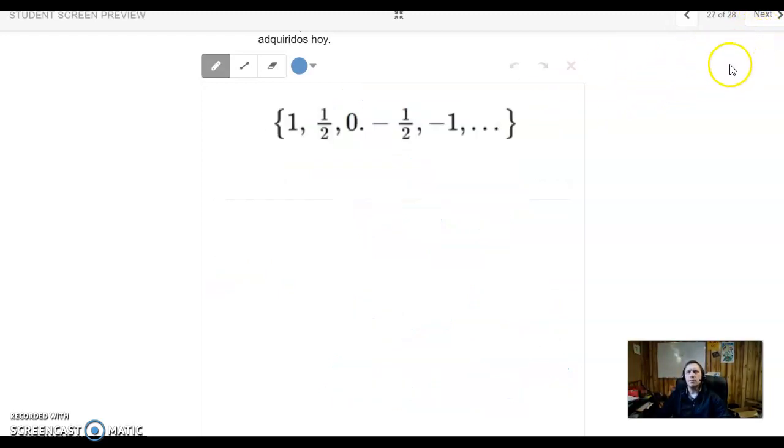Two left. Ooh, this sequence. From 1 to 1/2, 1/2 to 0, 0 to negative 1/2, to negative 1. Well, if I multiply by a fraction, 1/2 times another fraction is going to give me another fraction, so it can't be geometric. So let's see.